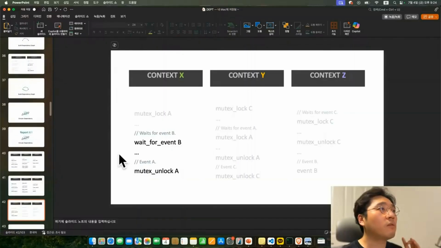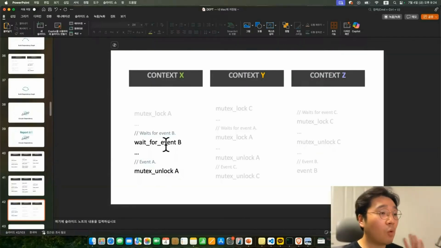So we can redraw from redefining the dependency. So event A depends on B, right? And the event B is the waiting event, right?